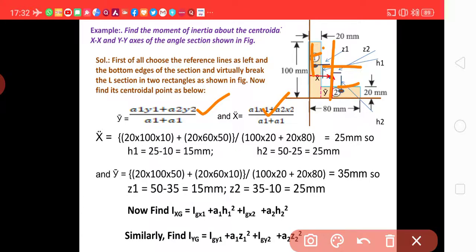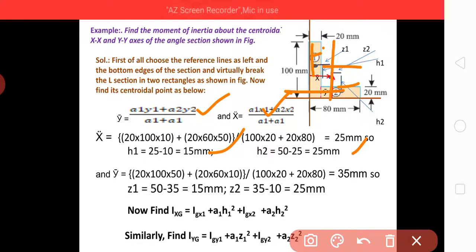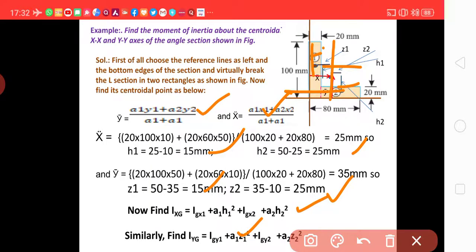Similarly for this axis. For x dimensions we call them h1 and h2, which are 15 mm and 25 mm. For y dimension we call them z1 and z2, which are 25 mm and 15 mm. Then apply this formula and this one to find the moment of inertia about the x centroidal axis and the y centroidal axis.